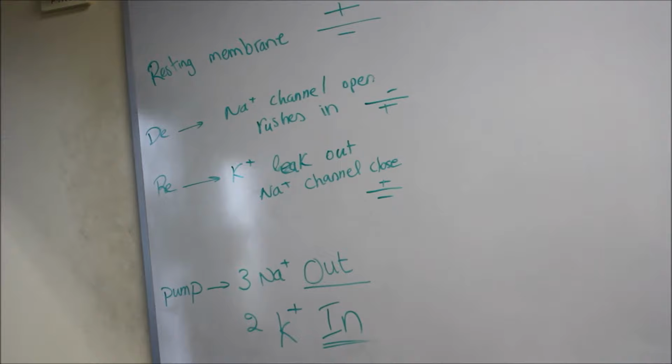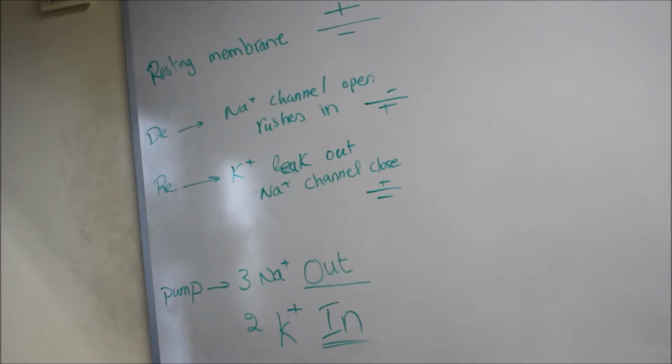And once it reaches the peak, which is around 30 millivolts, the sodium channels start to close, and then the potassium starts to leak out. At the end of the action potential, it reaches hyperpolarization, where most of the sodium is trapped in the cell and most of the potassium is trapped outside the cell.